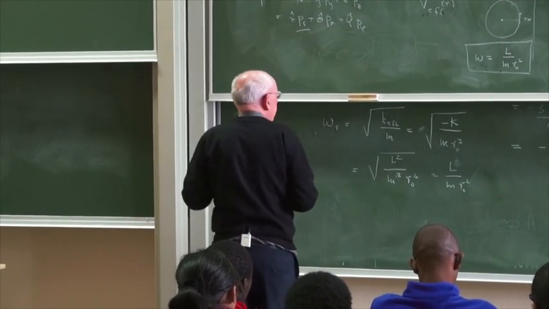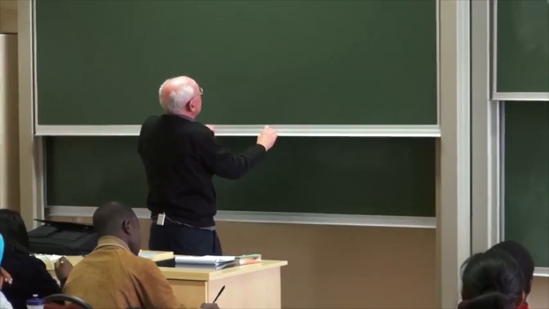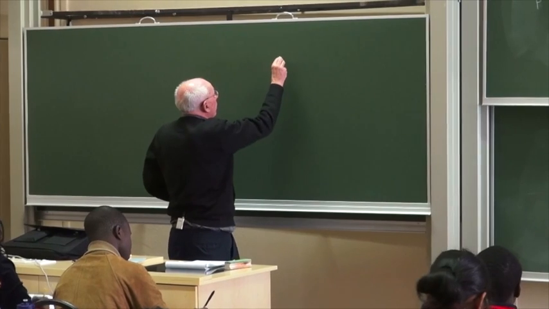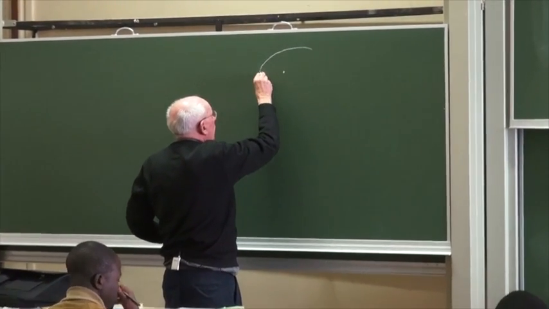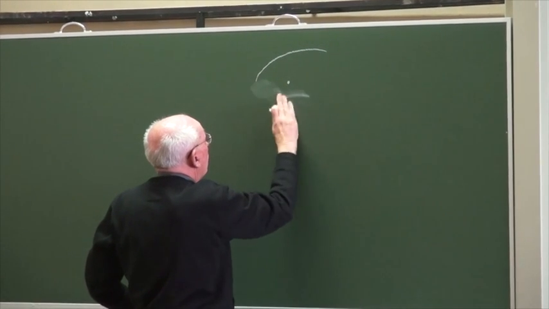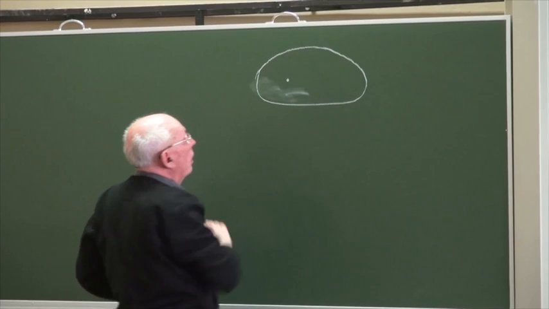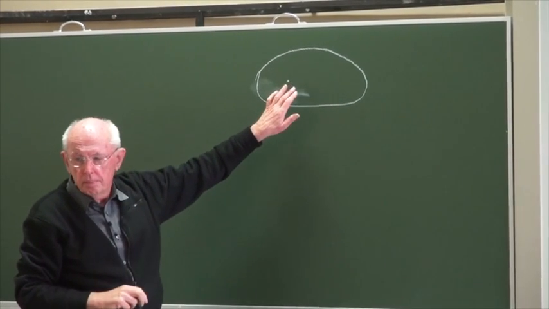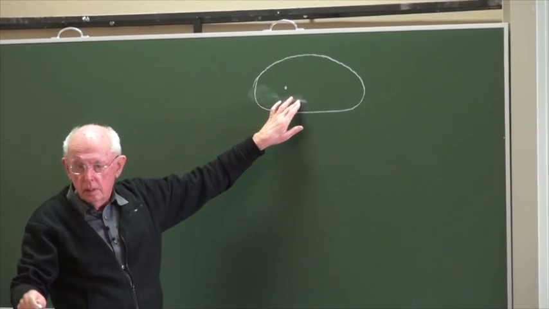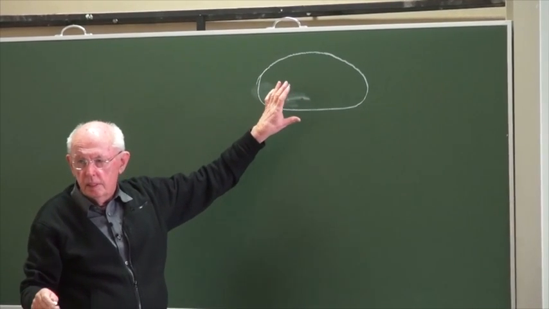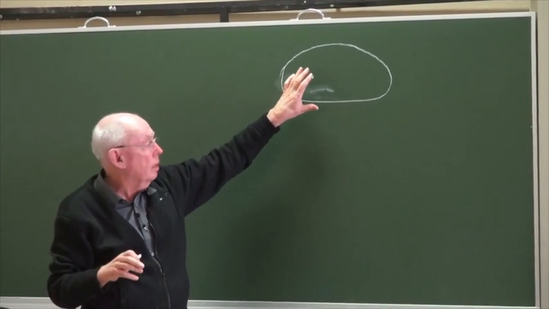And as I indicated the other day already, this actually means that if we have a motion like this, an elliptical motion, once it's set up, it will always stay like this.